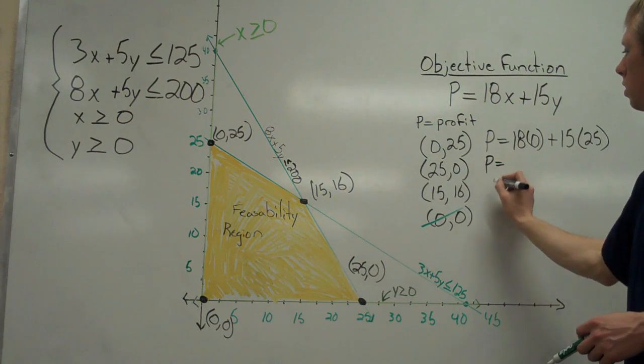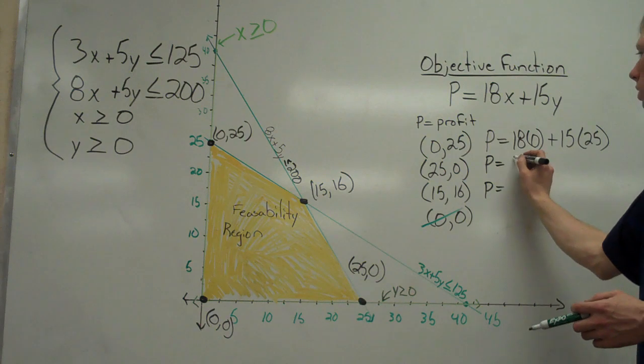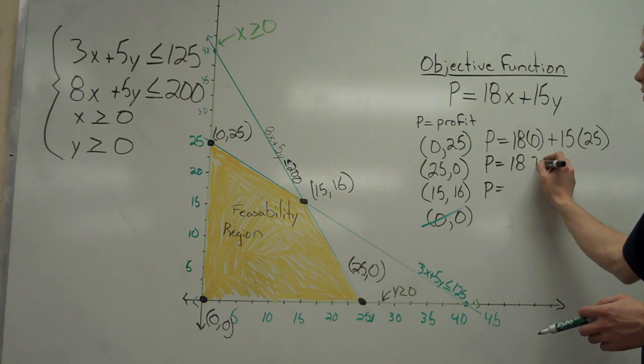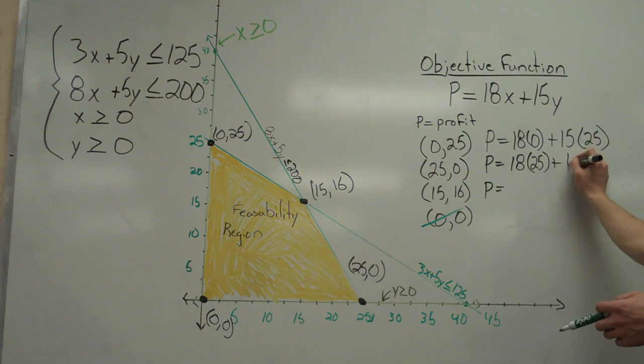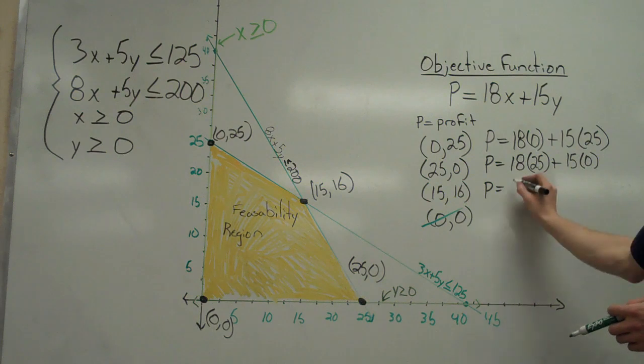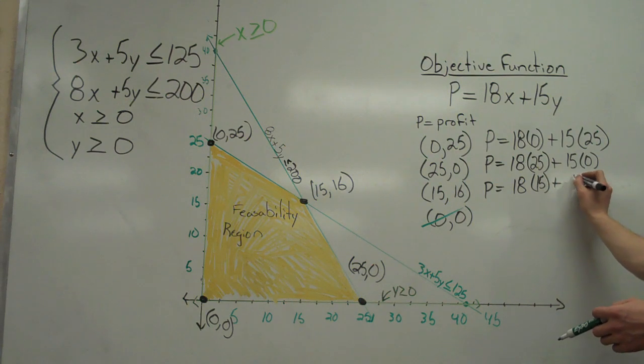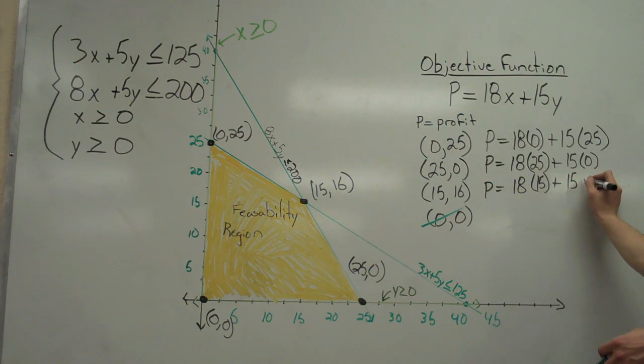And then we get the same type of equation where we substitute the x in for x. 18 times 25 plus 15 times 0. 18 times 15 plus 15 times 16.